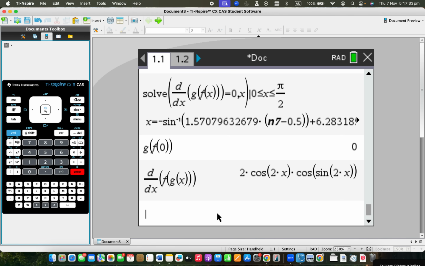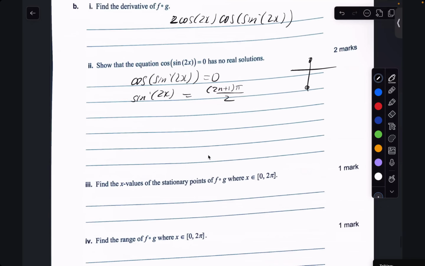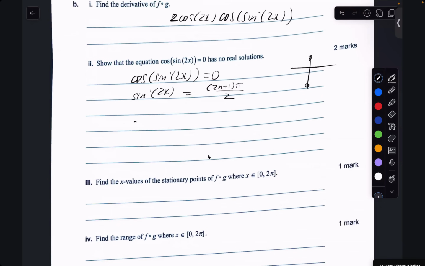Show that the equation cos sine 2x is equal to 0 has no real solution. So if cos of sine 2x is equal to 0, that happens at pi over 2 and negative pi over 2. So that means sine of 2x is equal to (2n plus 1) pi over 2, where n is an element of integers, and that's more than 1 or less than -1.